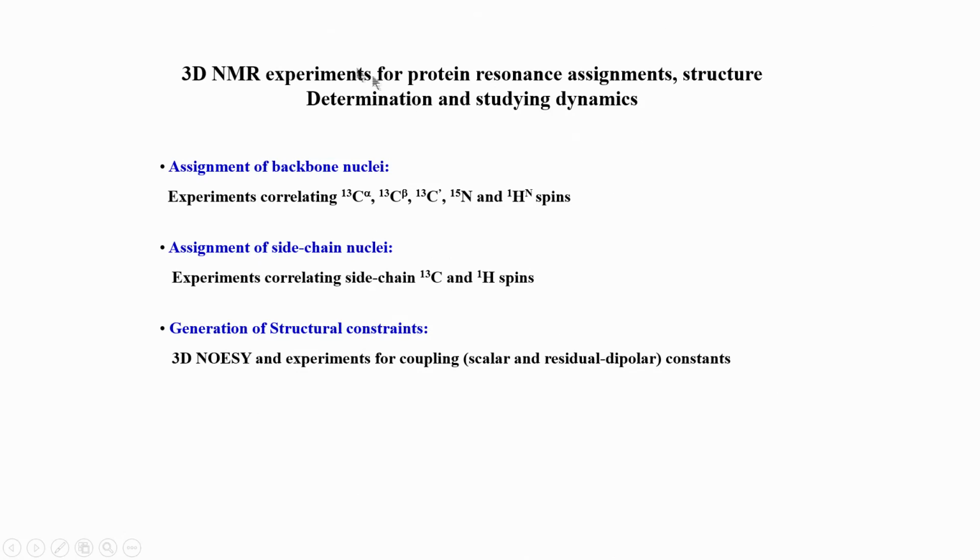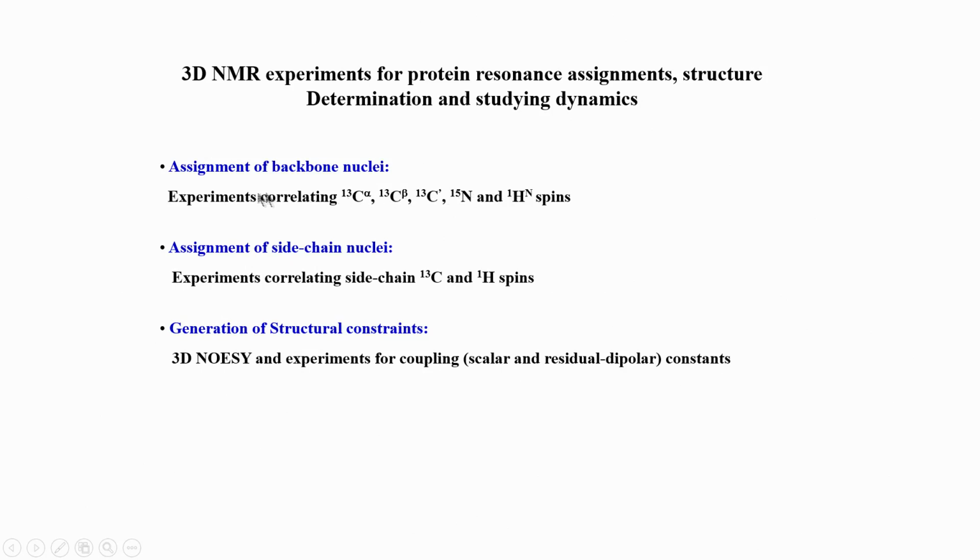For any protein NMR resonance assignment or structure, first we have to assign the chemical shift of every carbon and nitrogen in the protein. This is very important because without assigning the chemical shift of every amino acid and every carbon of every amino acid, we cannot proceed further.